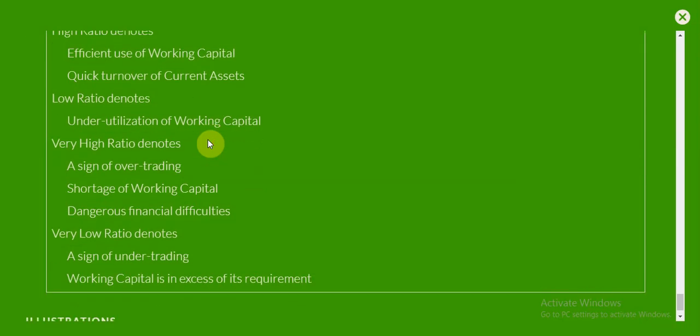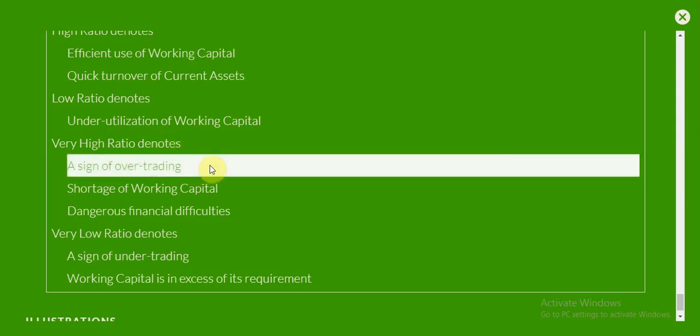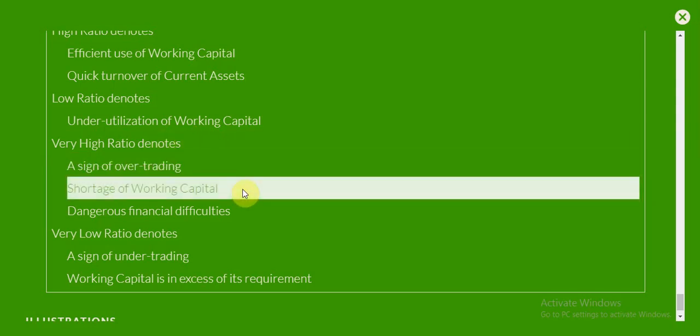But friends, we must also note that a very high ratio again denotes a risky position, because it shows a sign of overtrading, and it also tells us that maybe there is shortage of working capital. Logically, just think of it, if there is shortage of working capital, naturally the number of cycles of working capital rotation will be more.